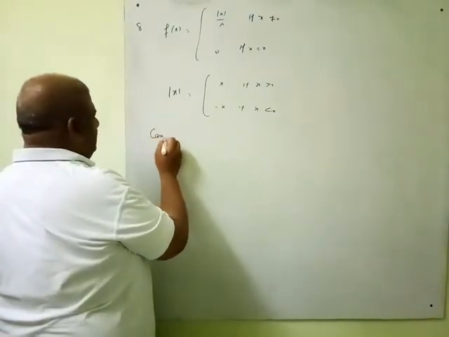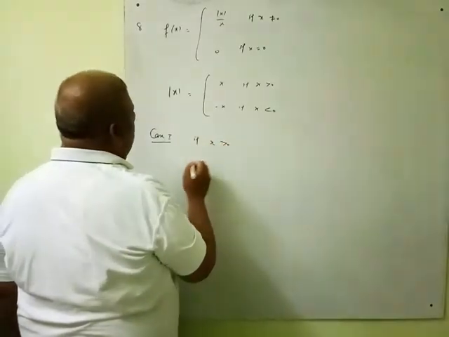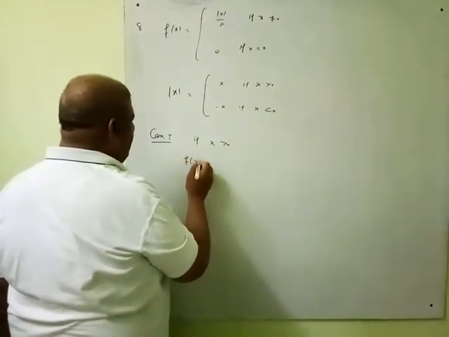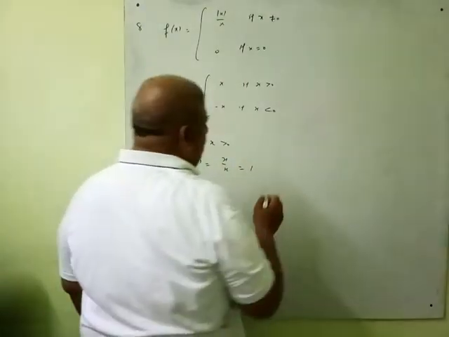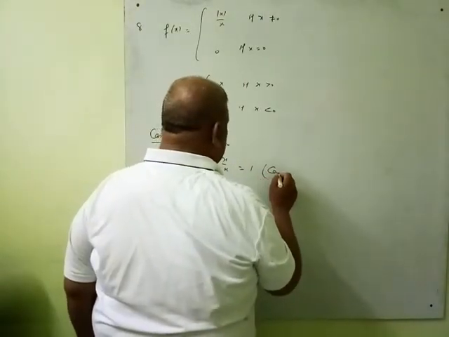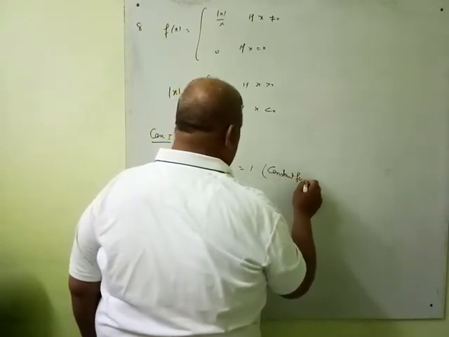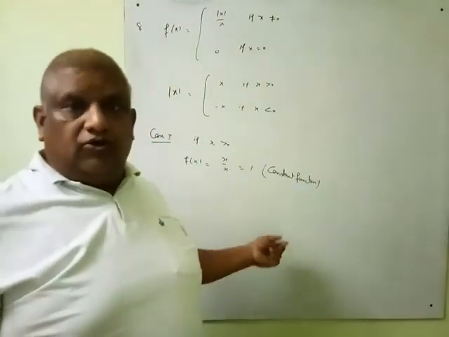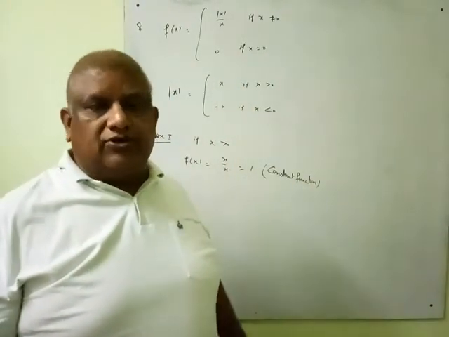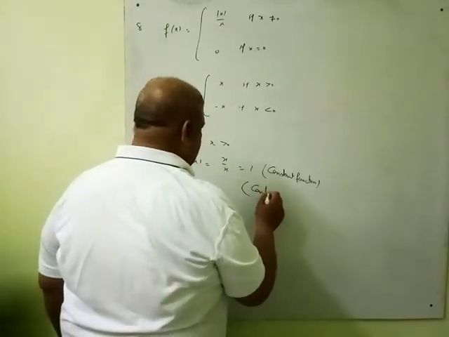Case first, if x is greater than 0, then f(x) will become x upon x, which is 1. And what is 1? 1 is a constant function. And we have a standard theorem: every constant function is continuous.